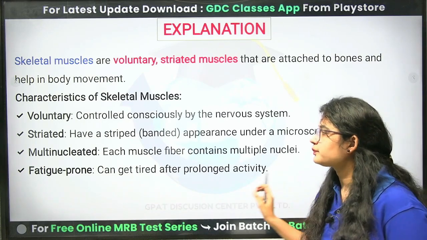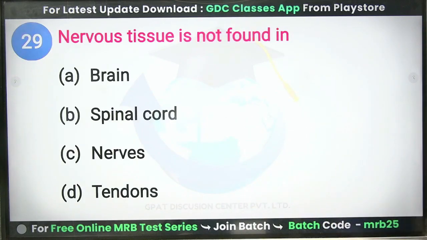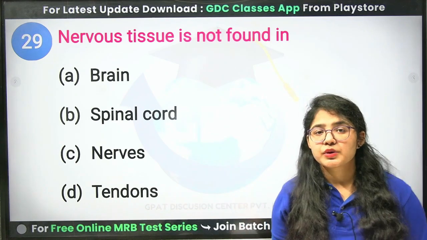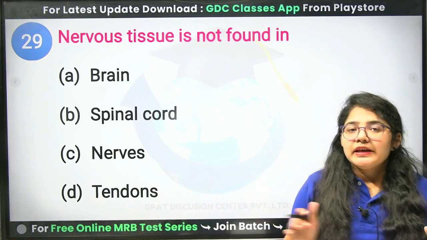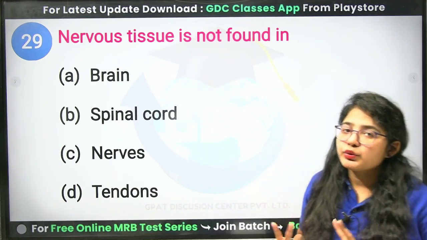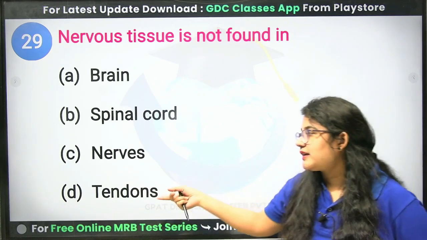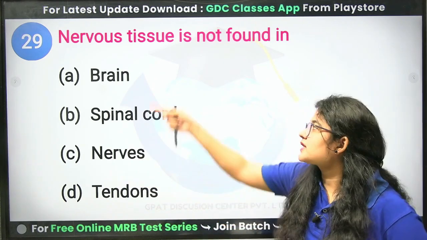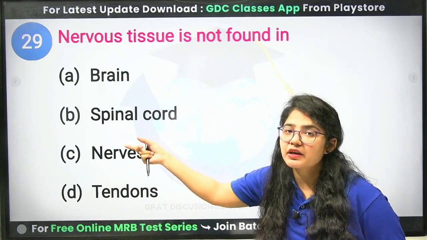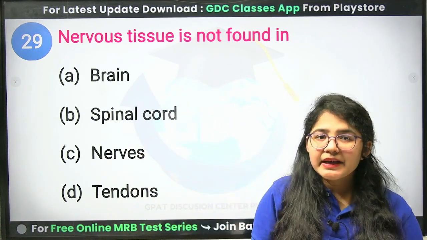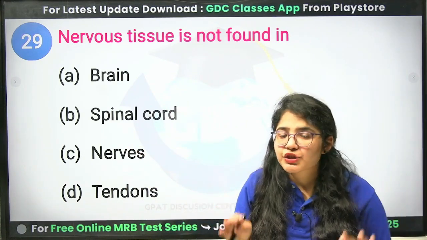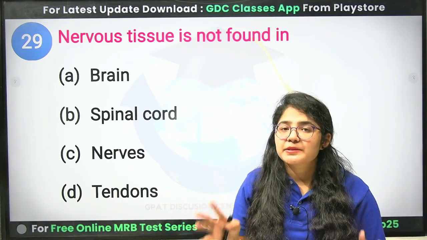Clear? Next, which is not found in nervous tissue? What is tendons? Ligament and tendons, there are two different things. Tendons connect from muscles to bones, that is tendons. Nerves itself is a type of nervous tissue. Spinal cord contains many peripheral nervous tissues or nerves which will spread all over your body.